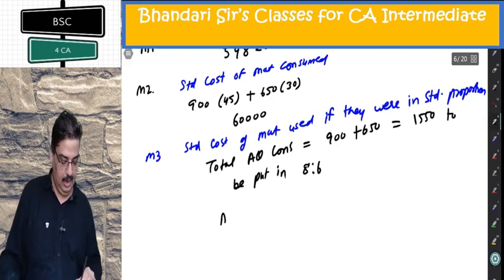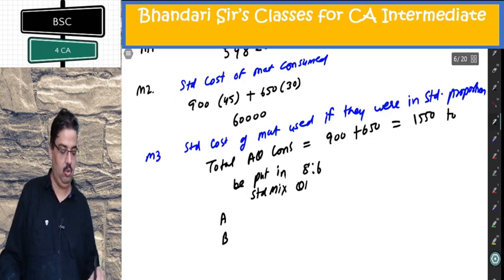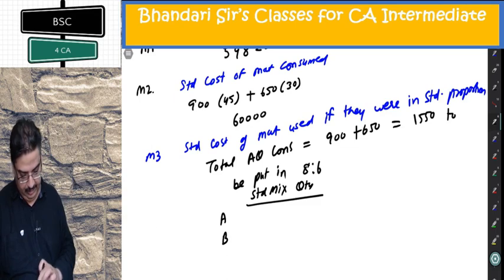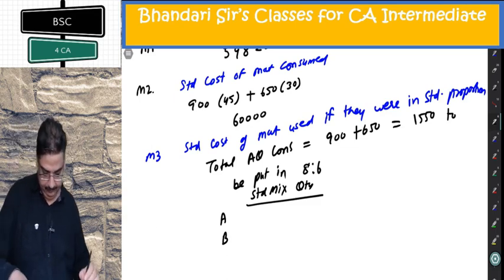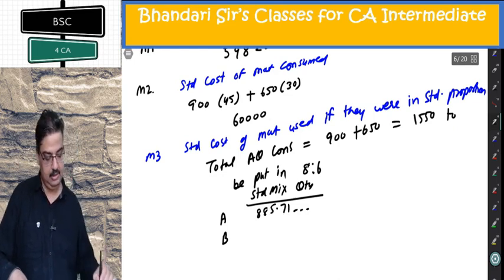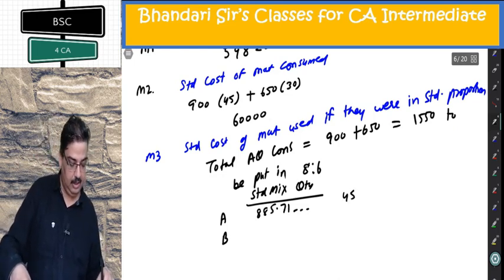So for A and B, standard mix quantity I calculate. 1550 divided by 14 into 8, 885.71 to be multiplied with standard rate 45.